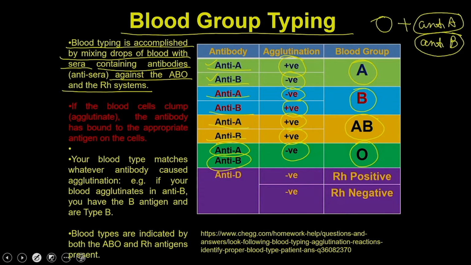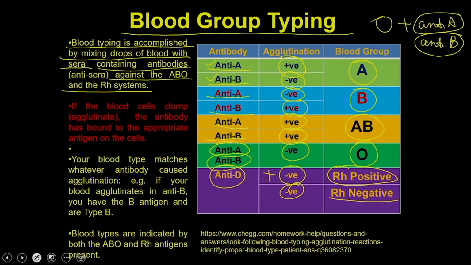To detect whether it is positive or negative, you can do another reaction where you add the anti-D antibodies, which recognize the RH factor. If anti-D is positive, then it is RH positive. If anti-D is negative, then it is called RH negative.